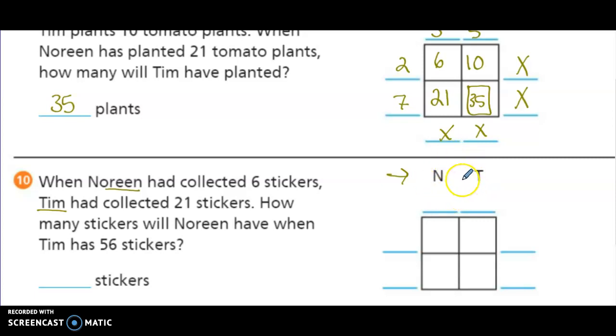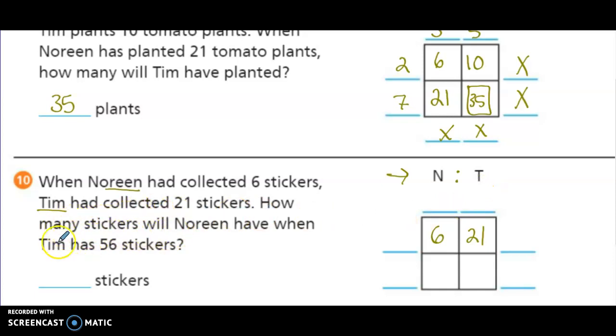And you can certainly abbreviate as they have done here. So Noreen savings compared to Tim savings, part-to-part comparisons, and we're talking about stickers. When Noreen has 6 stickers, Tim has 21, so they need to be in the same row, because that's how I've identified my ratio. I've identified it as left to right instead of as a fraction.